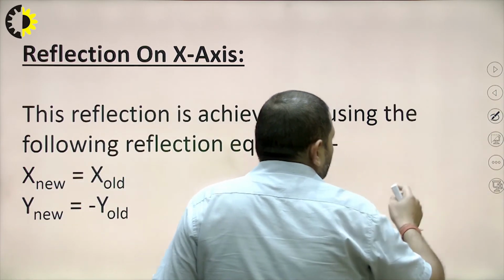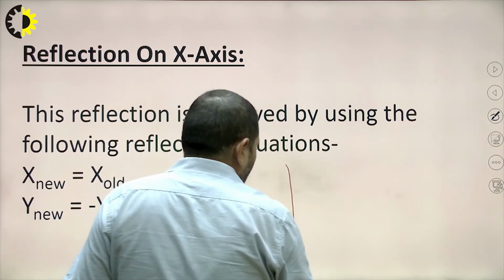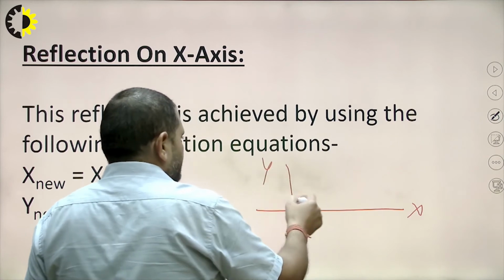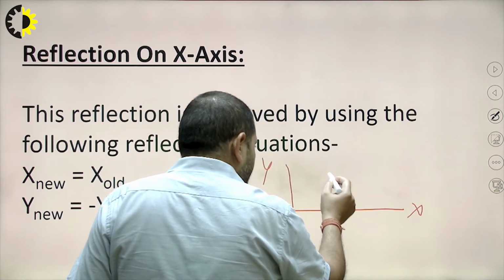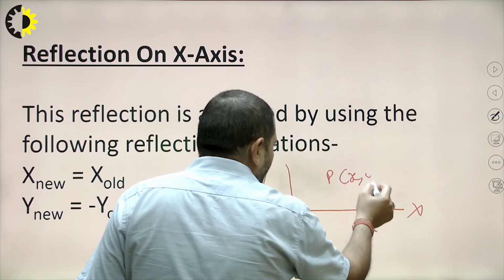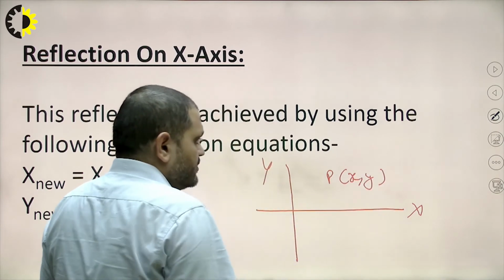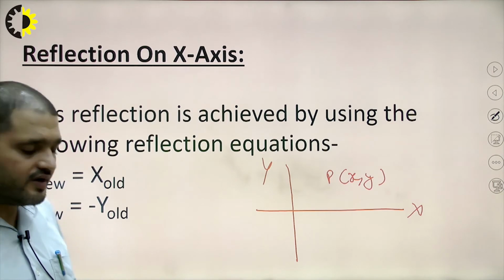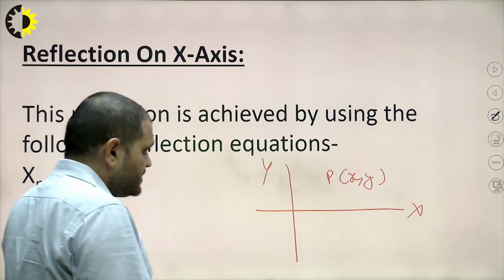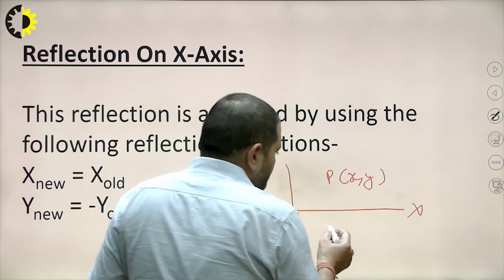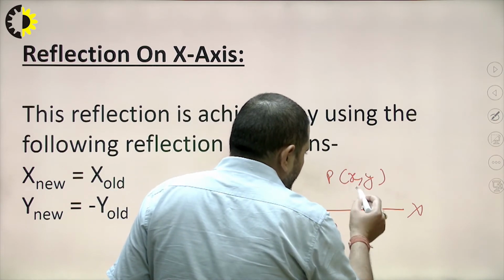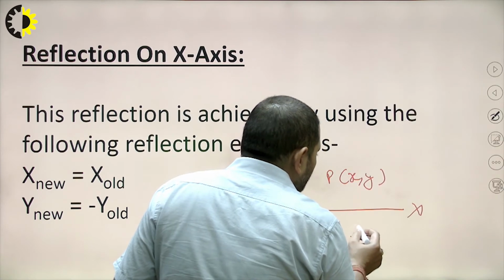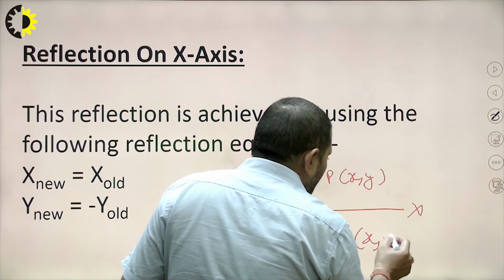If I take the coordinate system, and this is the x-axis and this is the y-axis, and there is some point P (x, y), and I have to reflect it on the x-axis, then the new point will be (x, minus y).